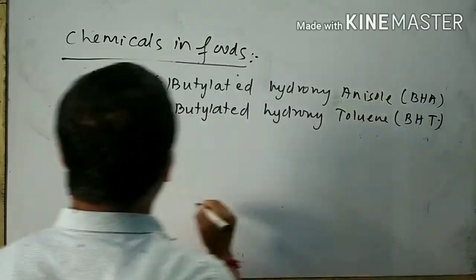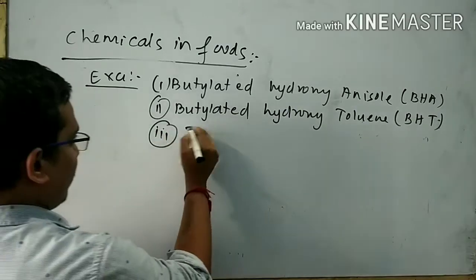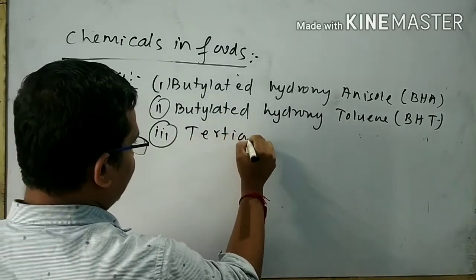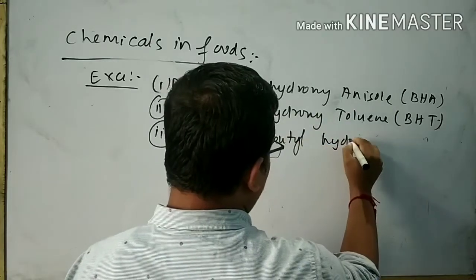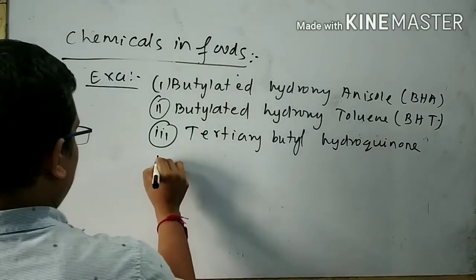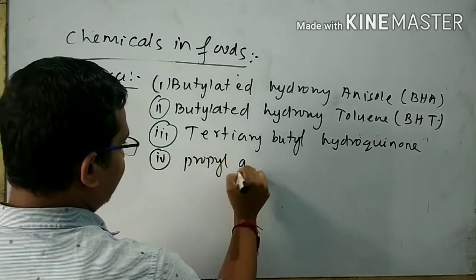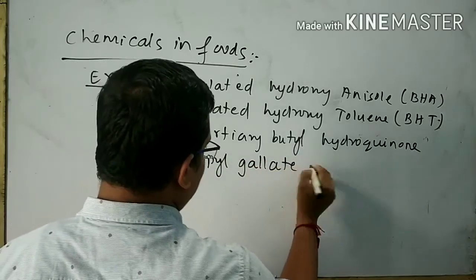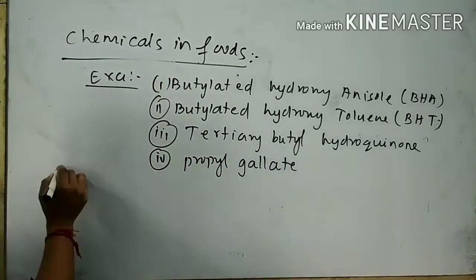These are used as antioxidant preservatives. Next is your tertiary butyl hydroquinone. Next is your propyl gallate. These are the examples of antioxidant preservative.